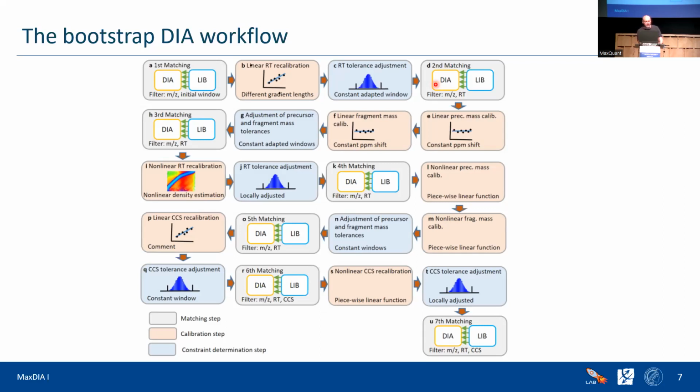And now you can do the same things with other quantities. For example, the precursor mass could be linearly calibrated, the fragment masses can be linearly calibrated, and so on. Now you have another round of matching with even more stringent criteria, and so on and so forth. You go on becoming more and more stringent in these matchings, and in the end, you have completely recalibrated samples in terms of mass, retention time, and ion mobility, all with nonlinear functions.